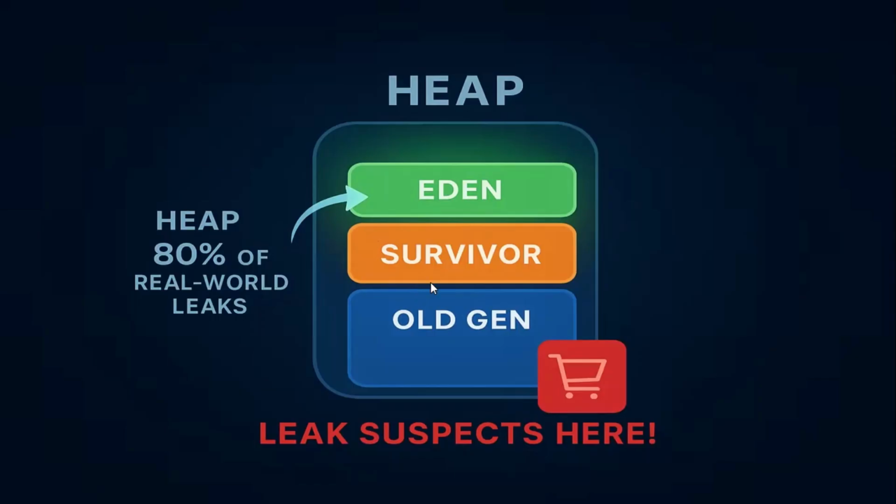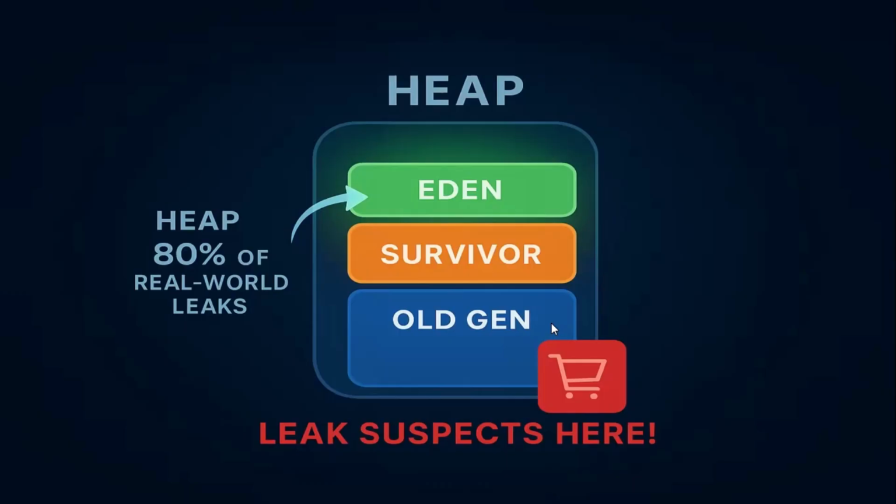Here's how it works. When a user browses a product in our e-commerce app, new objects like product and image are created in the eden space. If these objects survive after a few garbage collections, they are moved to the survivor space and eventually to the old generation.